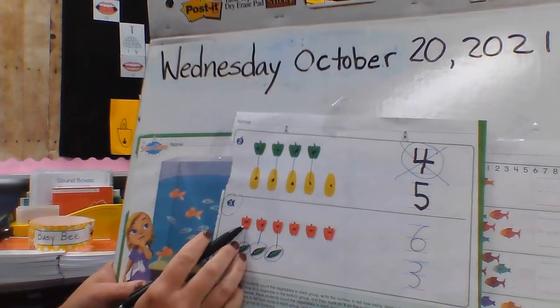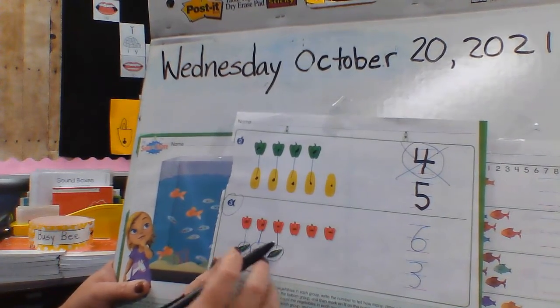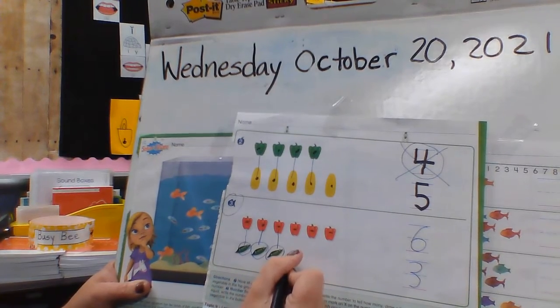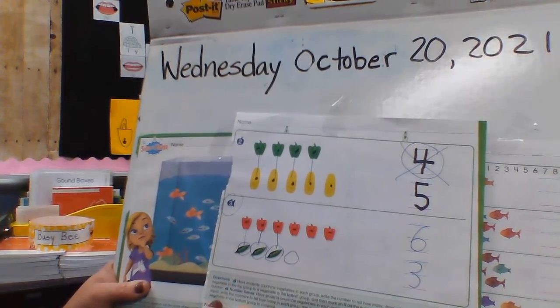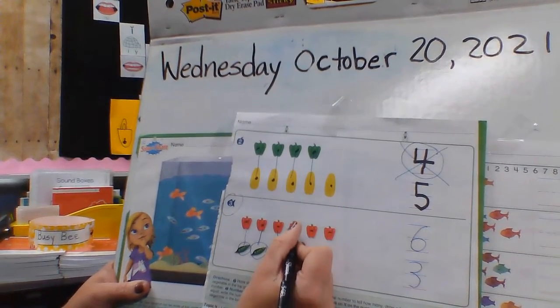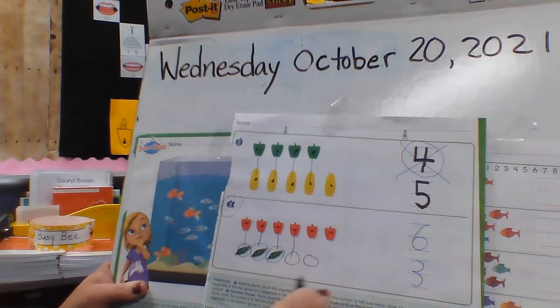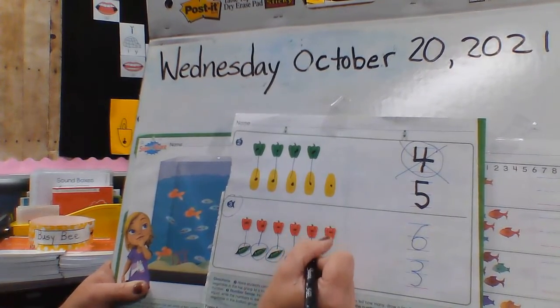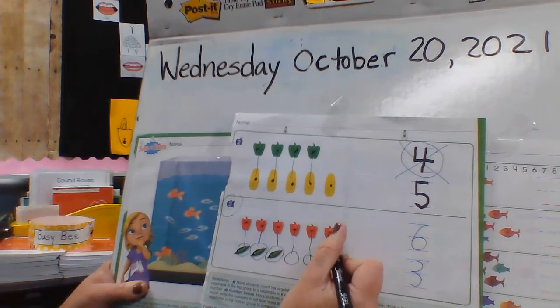So I paired pepper with a pea, pepper with a pea, pepper with a pea, and now I need to draw another one. I can't draw peas. Is it okay if I just draw a circle? Sure. So now he gets a partner. I'm going to draw another one. Now he gets a partner. And I'm going to draw another one. Now he gets a partner.